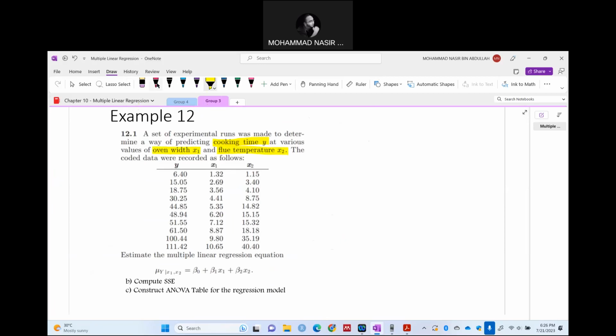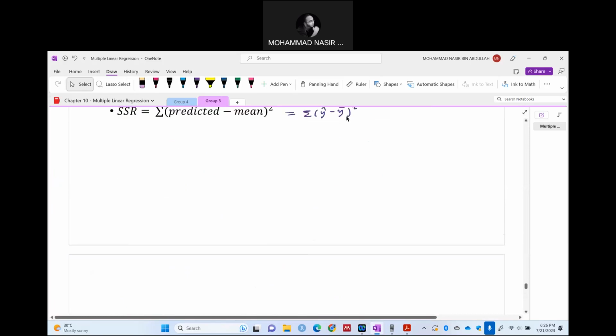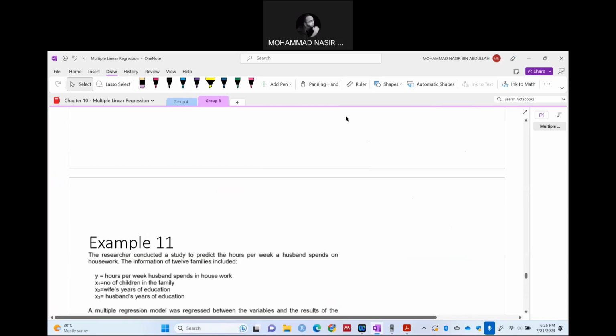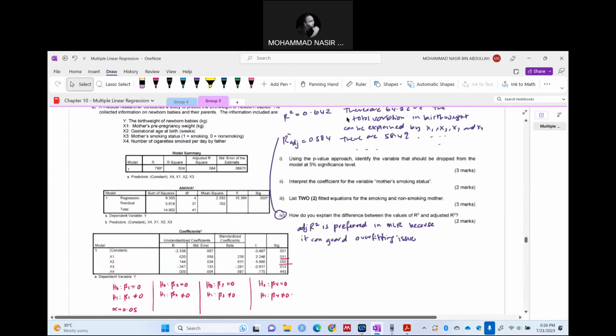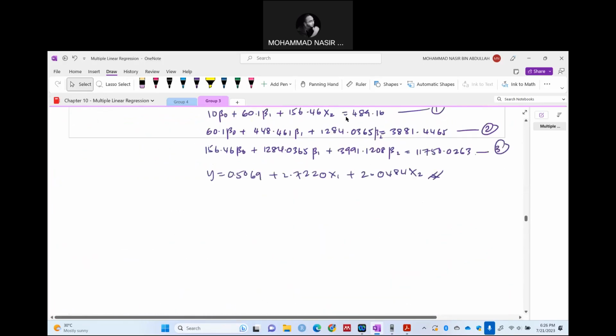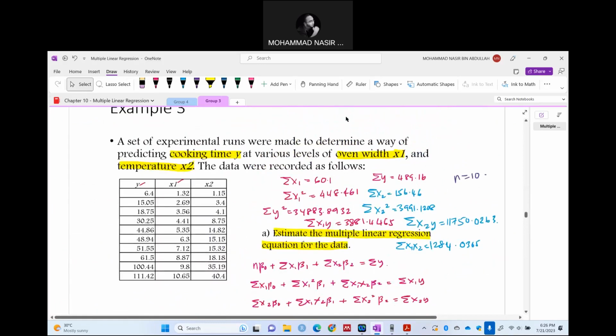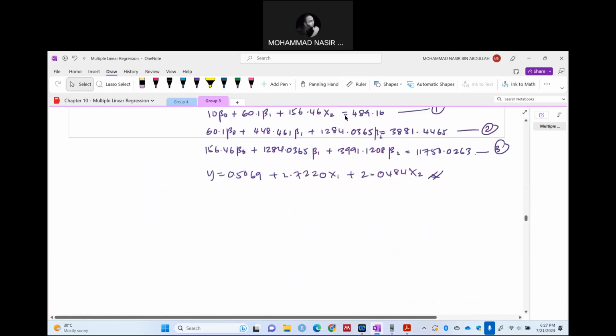Based on our last example, we know that Y equal to 0.58, right? This is cooking time, and which example number was that? Example number 4, right? Same, right? So we got 0.558.